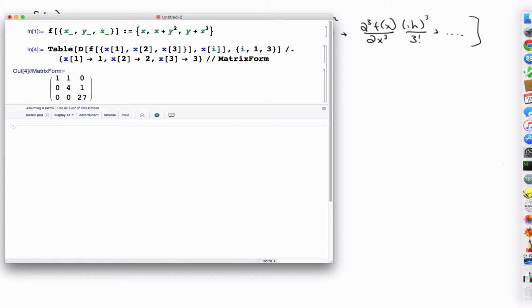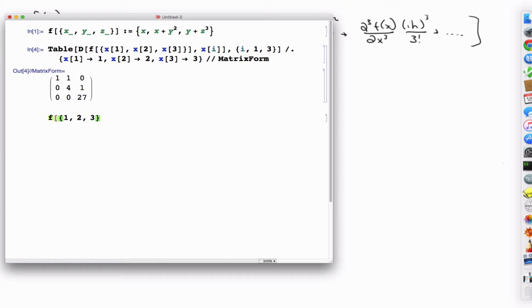I'd have to transpose it to be consistent with what I said, but that doesn't matter for what we're arguing here. So then I can take f of 1, 2, 3, because that's what I evaluated x1, x2, and x3 at.